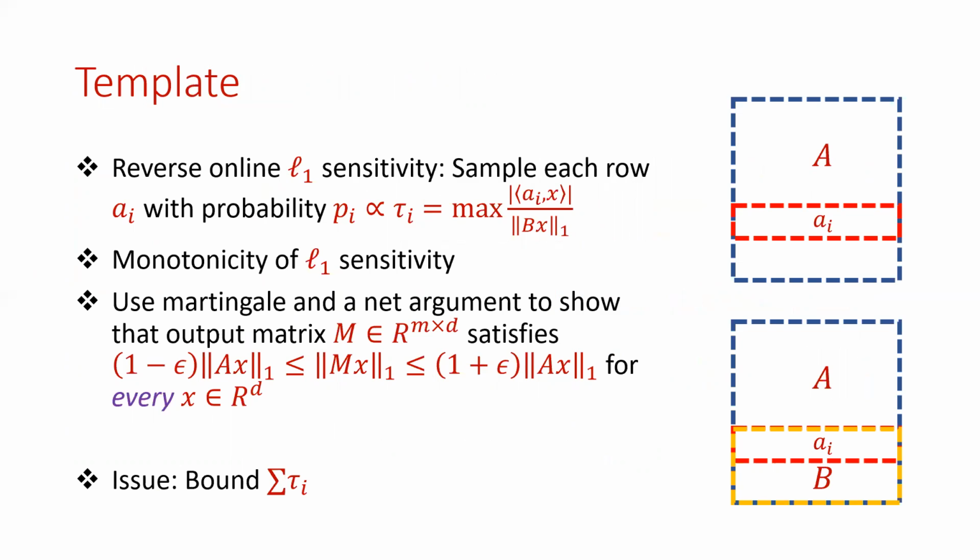We show that the L1 sensitivities obey another monotonicity property, and we use a martingale and a net argument to show correctness of this algorithm. So in other words, we showed that our matrix M that we output does satisfy the property that the one norm of Mx is approximately the one norm of Ax for any input vector x.